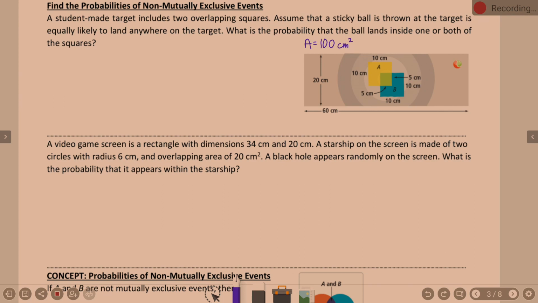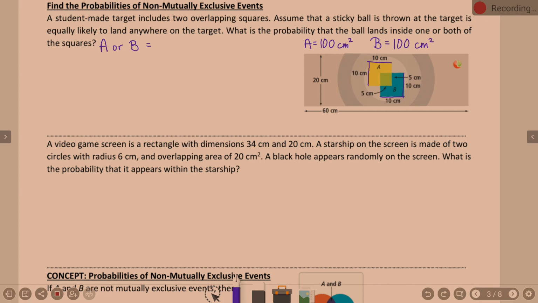What's the area of square B? So on my screen, it's the blue one. Okay, notice it's also 10 by 10, yes? 10 times 10 is, again, 100, yes? Now, if we're talking about landing in general in A or B, what's the probability the ball lands inside one or both of the squares?